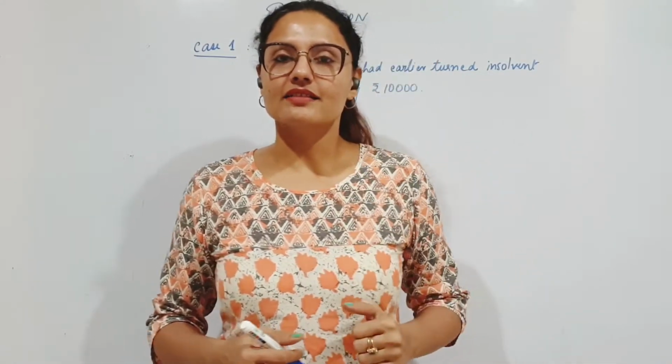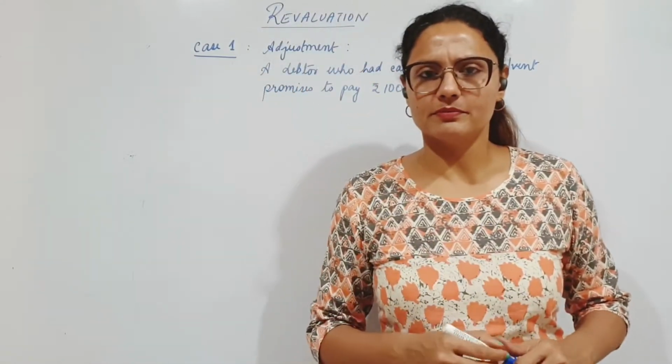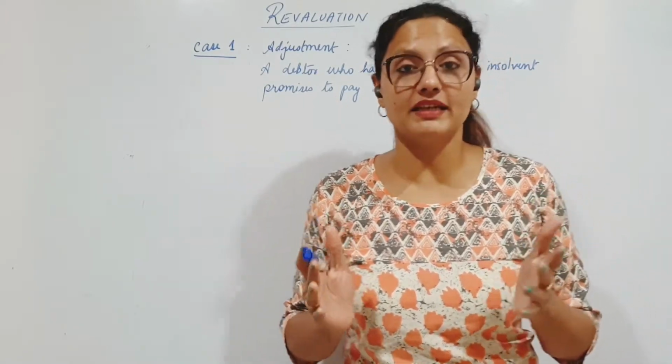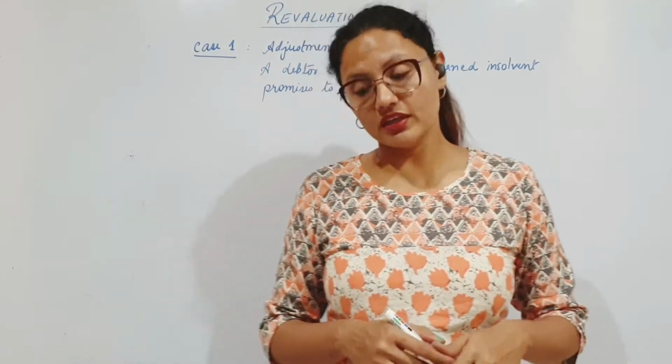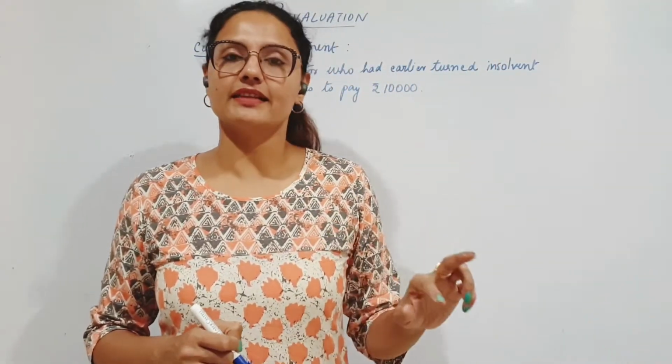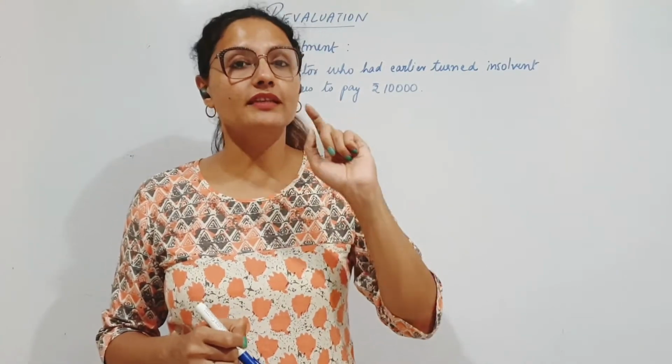You will say, class 11 we have already done the conservative principle. We do not consider promise to pay, orders and all that unless and until money is received. So here we are going against the principle of conservatism. We are making an exception here because we are revaluing the assets.